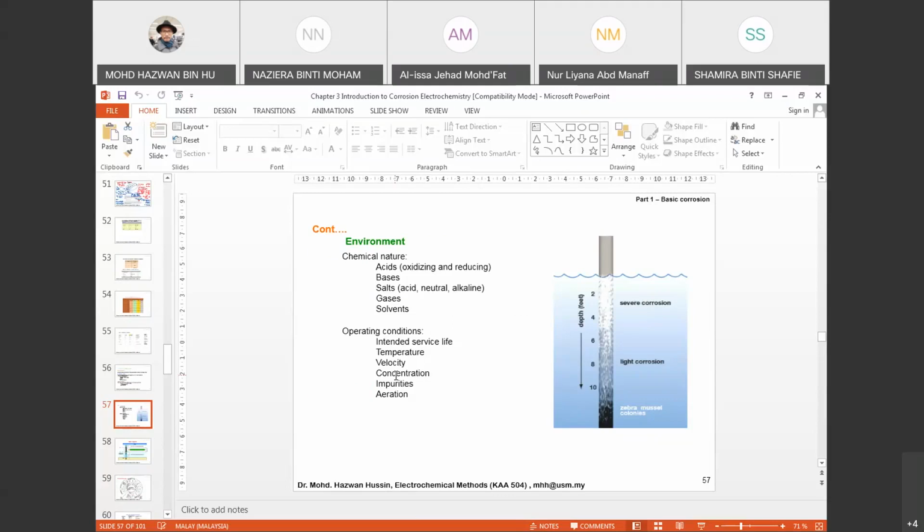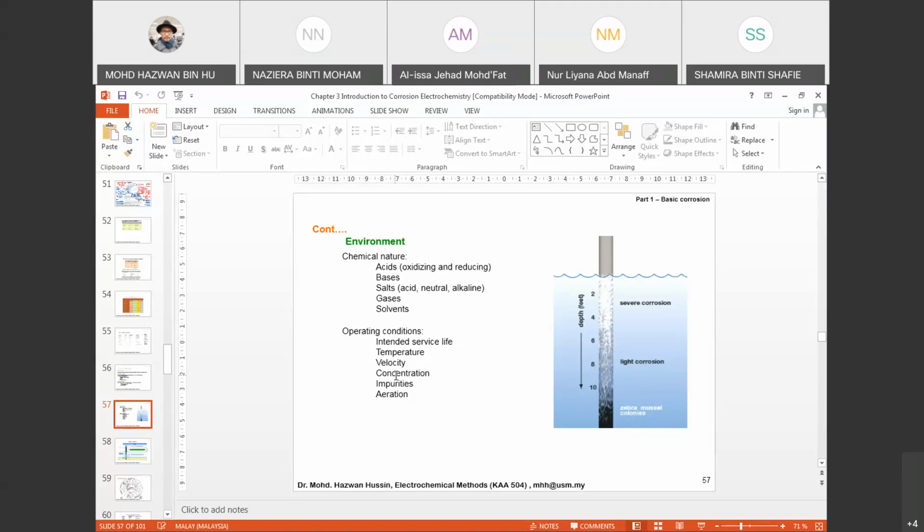If you have corrosive gas like H2S or others, this could also be dangerous for metals. Another thing will be the operating condition, for example, the temperature, velocity, concentration, aeration, impurities, and others.